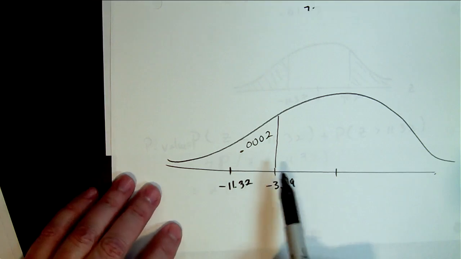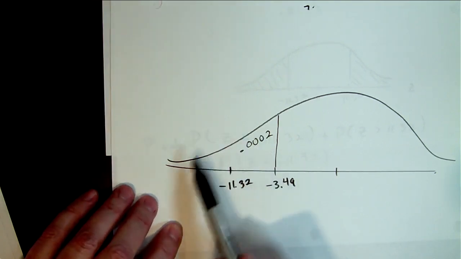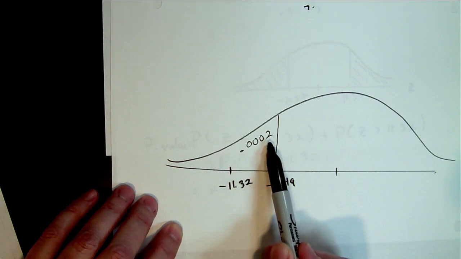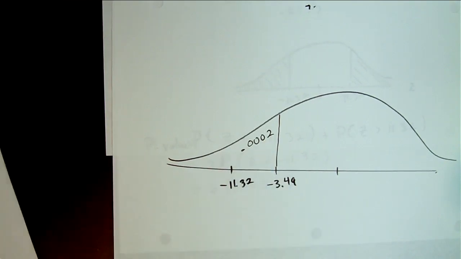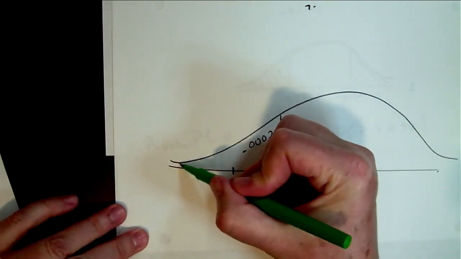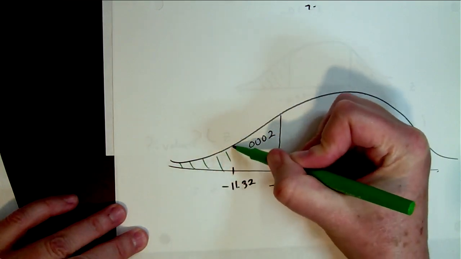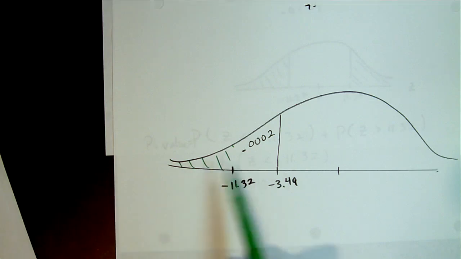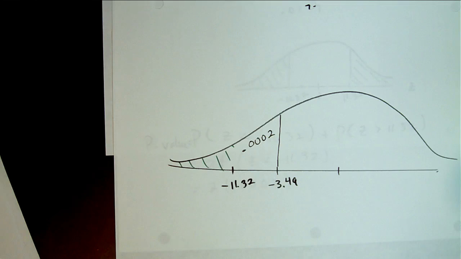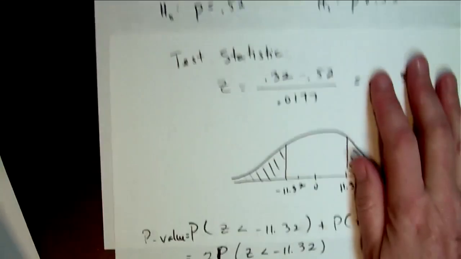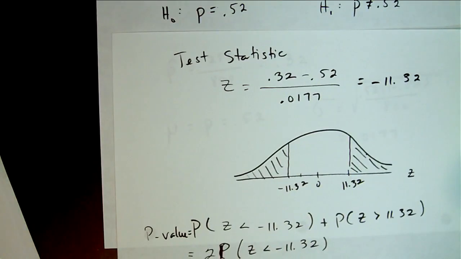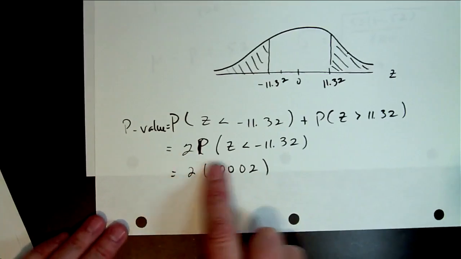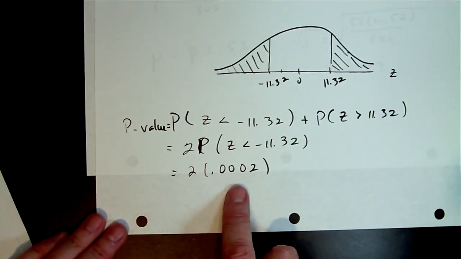Well, then the area I'm interested in is only this much of it, up to there, so that's got to be less than the 0.0002 area to the left of there. So the probability I'm looking for is actually less than the probability I wrote down.